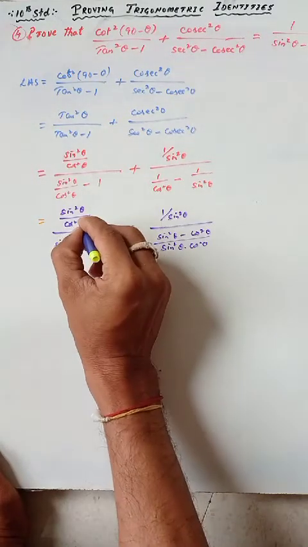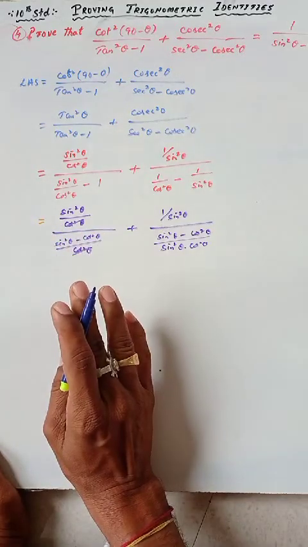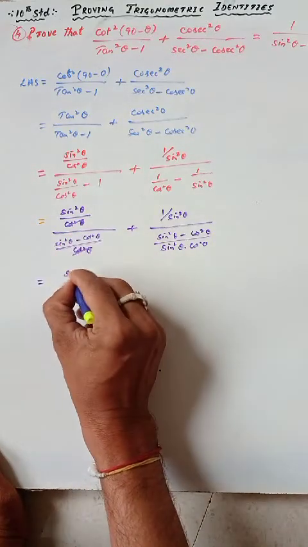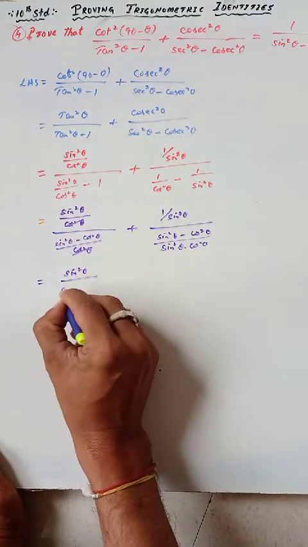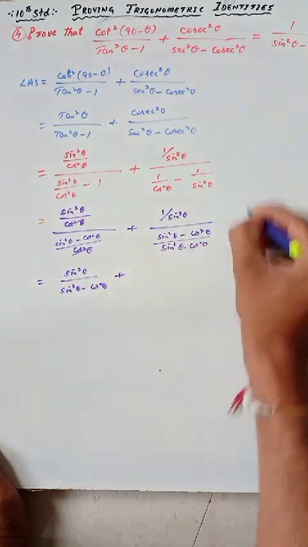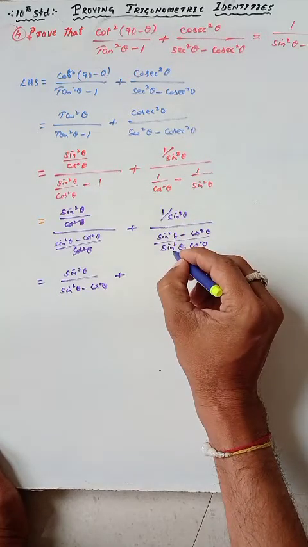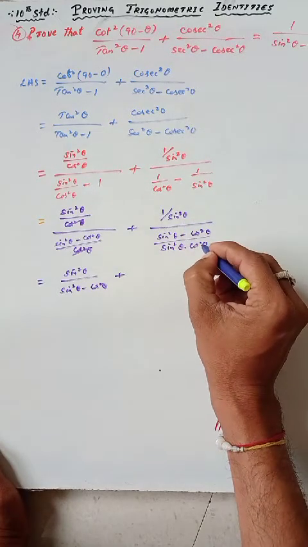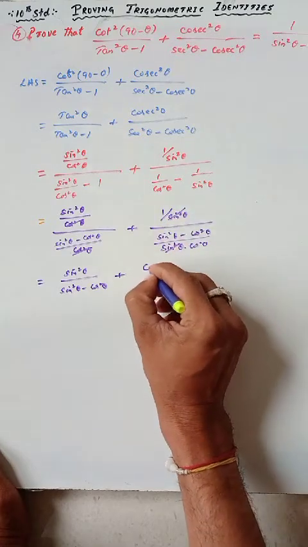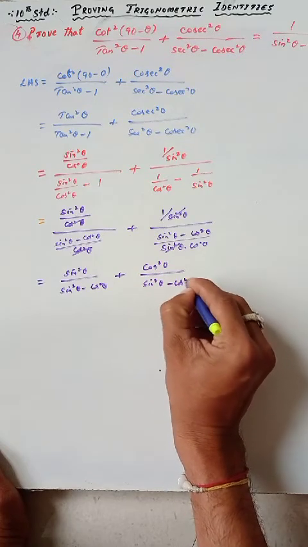Now you see this cos squared will get cancelled, nothing else changes in it. The remaining thing is sin squared theta by sin squared theta minus cos squared theta, plus, you take this to the numerator and this to the denominator. Here the sin squared will get cancelled, cos remains the same, that is cos squared theta by sin squared theta minus cos squared theta.